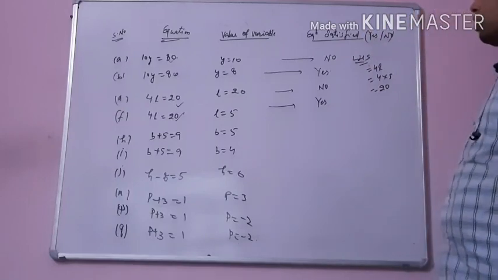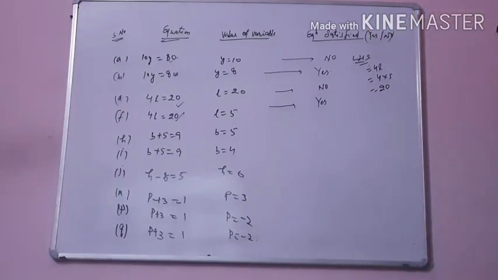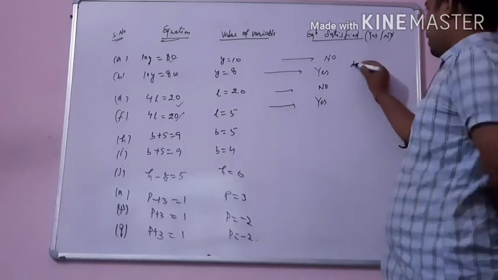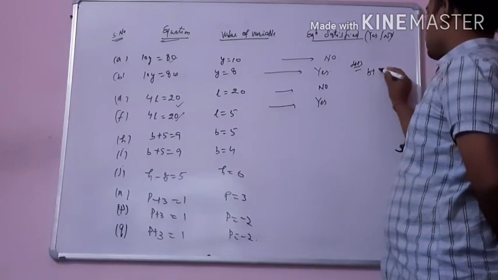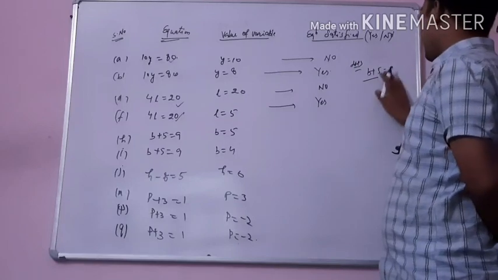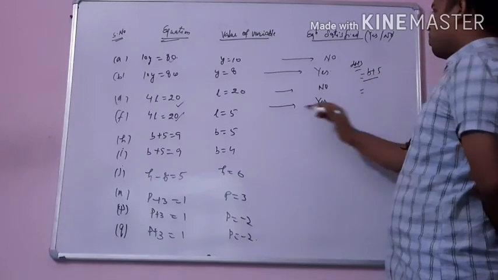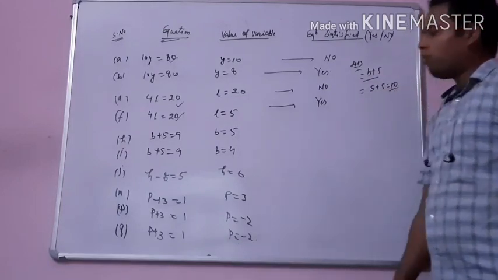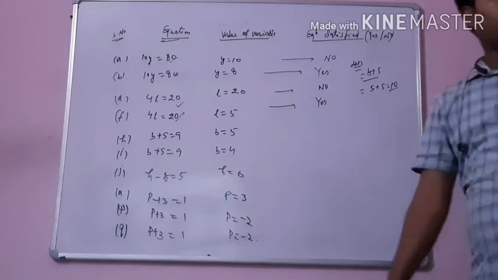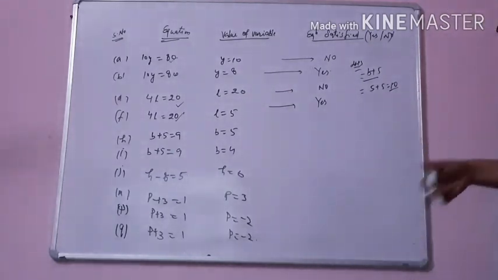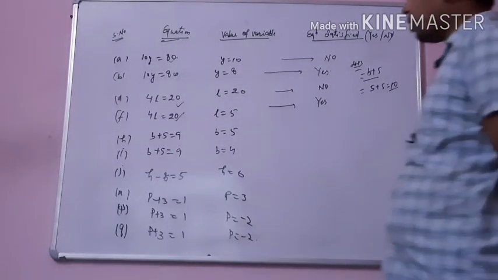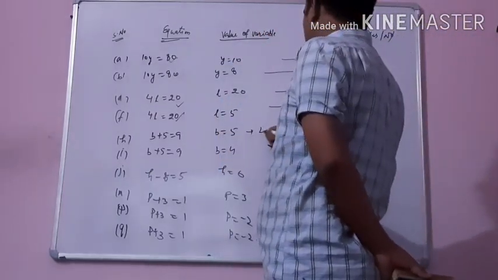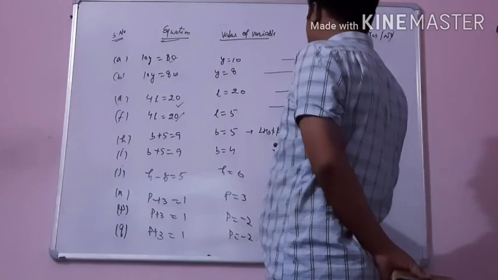Yes. Now coming to the F question, b plus 5 equals 9. So LHS is b plus 5, putting b equals 5, 5 plus 5 equals 10. So we have LHS equals 10 but RHS we have 9. So here you can write LHS not equals to RHS.